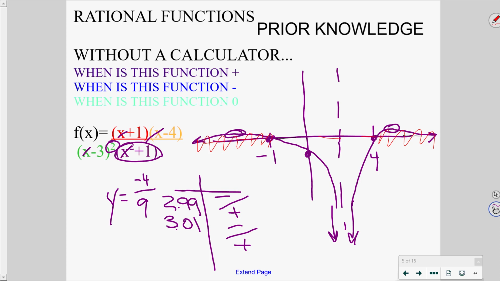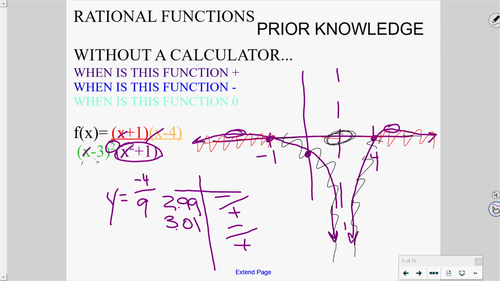And Aria, how about less than? Was it less than from negative 1 to 3 and 3 to 4? It was, so it's the same. So what's the only thing that's different? The zeros, right? 3 is a restriction on the domain now, and the zeros are only negative 1 and 4.